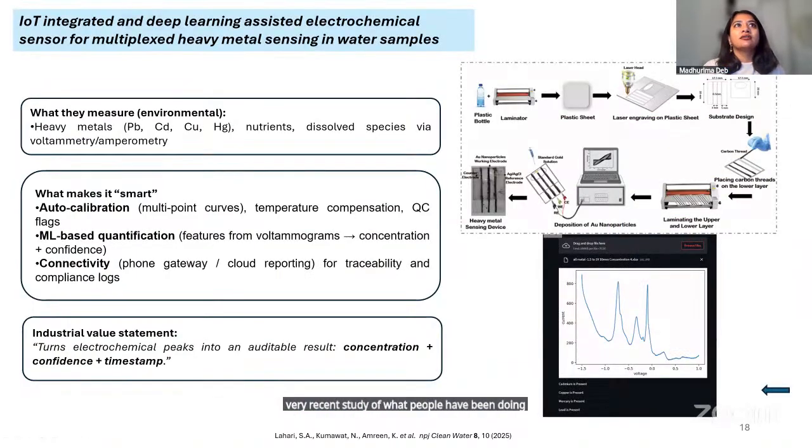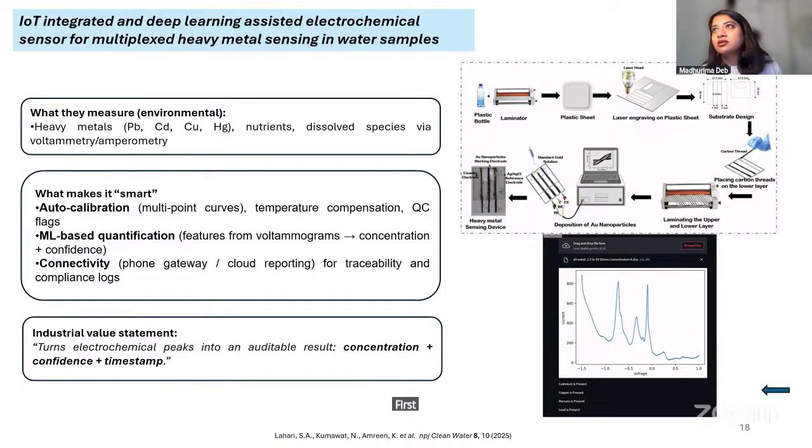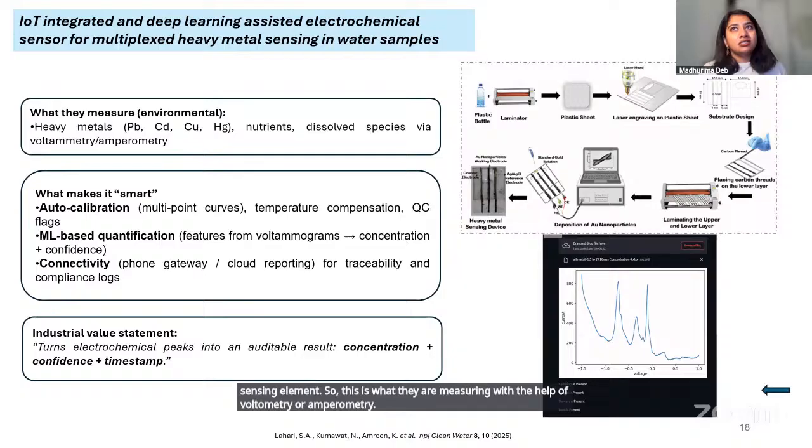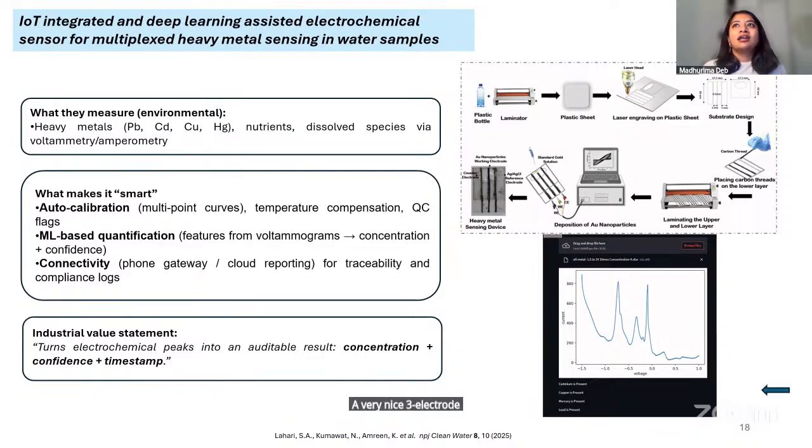So when we look at the first one, which is the heavy metal, the dissolved species sensing element, this is what they are measuring with the help of voltammetry or amperometry. A very nice three electrode system, and they have made it actually from plastic bottles.